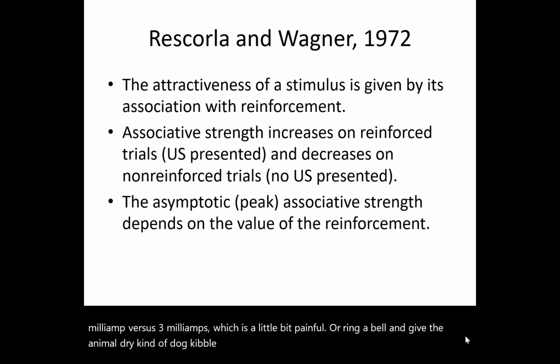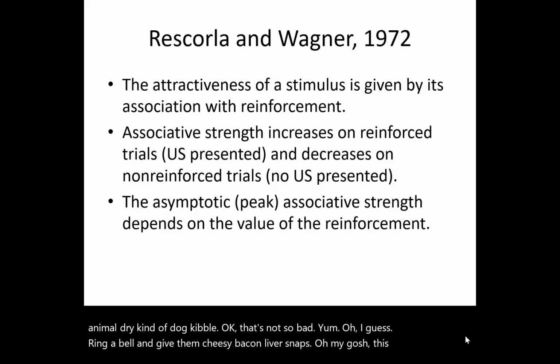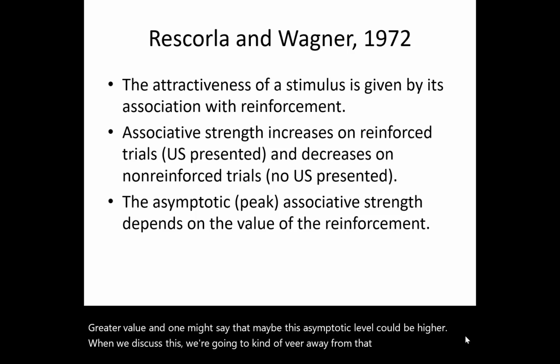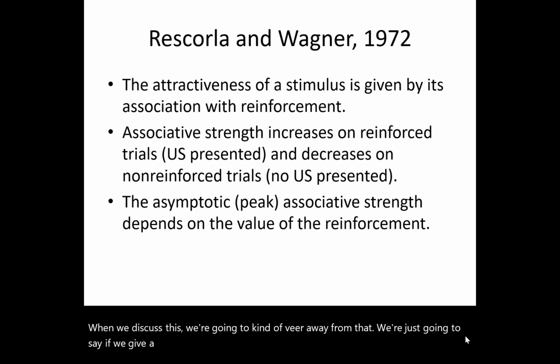Oh, okay, that's not so bad. Or ring a bell and give them cheesy bacon liver snaps. Oh my gosh, those are so delicious. Greater value, and one might say that maybe the asymptotic level could be higher. When we discuss this, we're going to veer away from that. We're just going to say, if we give a reinforcement, if the US is present, the most they can learn is 1. We're not going to vary that, though many people have.